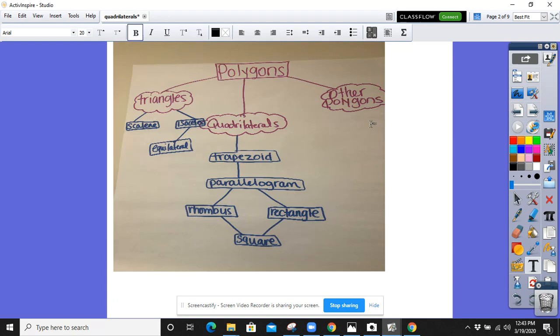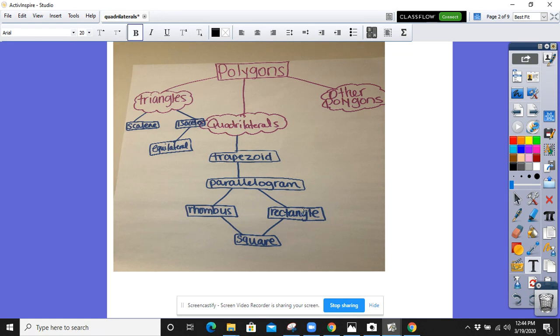I like to think it looks better from the family tree point of view, that a square is connected to a rectangle, and the square is at the bottom, so that means it has all of the attributes of a rectangle. So a square is always a rectangle. A square is always a parallelogram. All squares are trapezoids. All squares are quadrilaterals. All squares are rhombuses or rhombi.